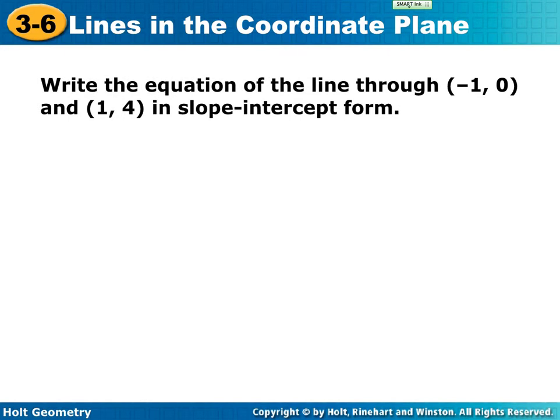All right, write the equation of the line through that point and that point in slope-intercept form. So what did I do different on this one? I didn't give you the slope, but I gave you 2 points. For point-slope form, you could use whichever one you want, but how do we find the slope? We did that. Which formula?